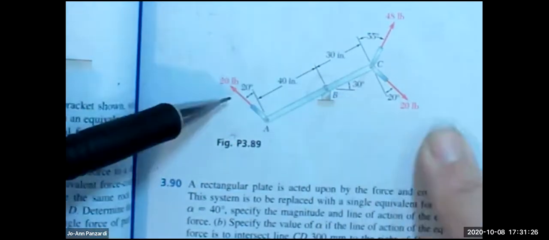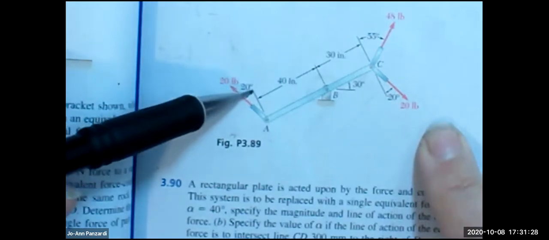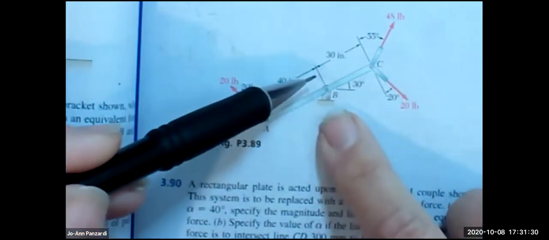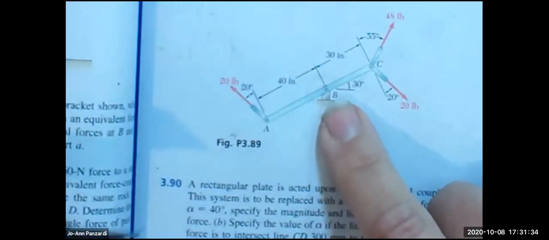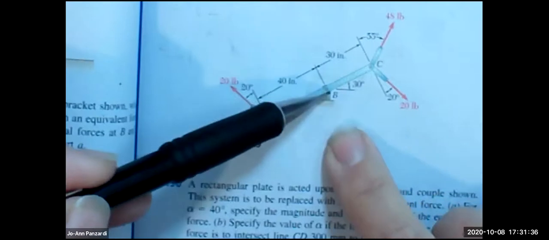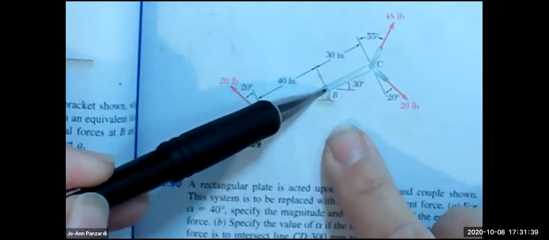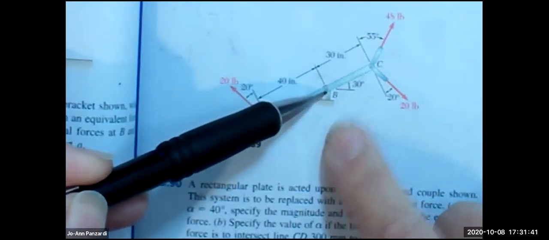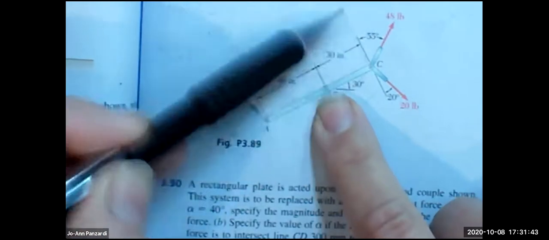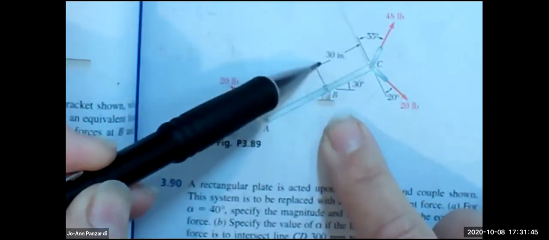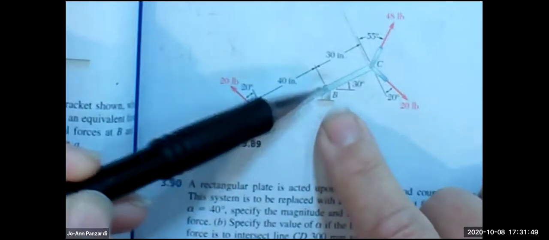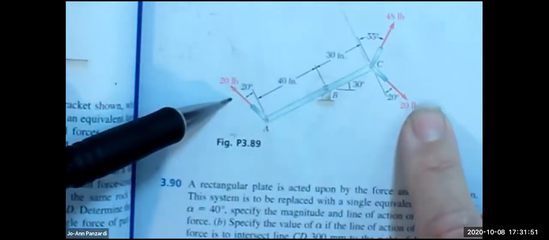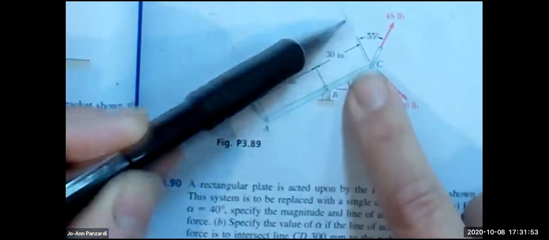So you take the 20 pounds, cosine of 20, multiply it by the perpendicular distance, and that 20-pound moment you just calculated is the same at every point. So at B, whatever that moment is, you got it. Then you take the y component of 48 and multiply it by 30, and it's positive. So the moment about B is the moment you calculated due to the couple, plus the moment of the y component of 48 times 30.